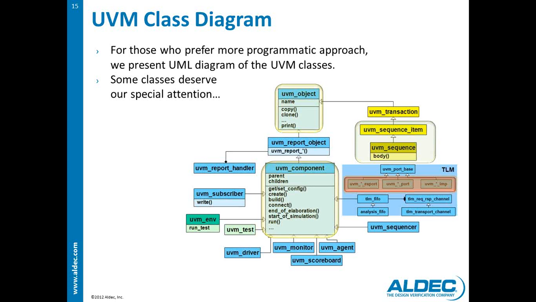And again, we've got some children already represented in this diagram. Some of them, currently highlighted in that pinkish color, are precise matches of those elements that we have seen in previous diagrams. So we've got uvm_driver, uvm_monitor, uvm_agent, uvm_scoreboard, and uvm_sequencer.